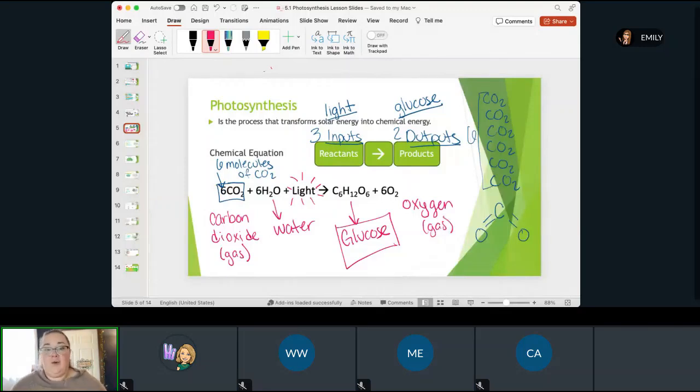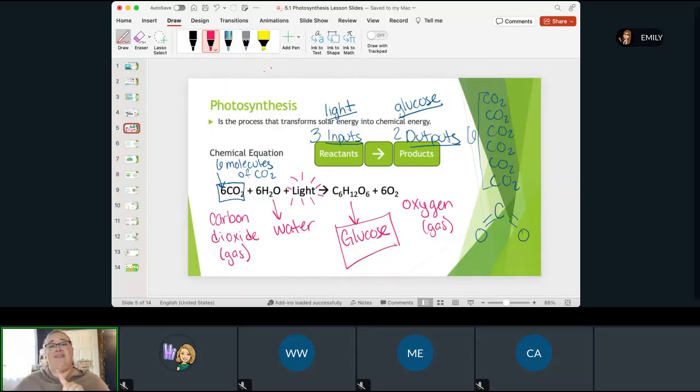Okay? So, carbon dioxide, water, and light are our three inputs. We have to have those three for photosynthesis to take place. Photosynthesis produces glucose and oxygen. So it takes 6 carbon dioxide molecules and 6 water molecules plus the energy from sunlight to make one glucose molecule.